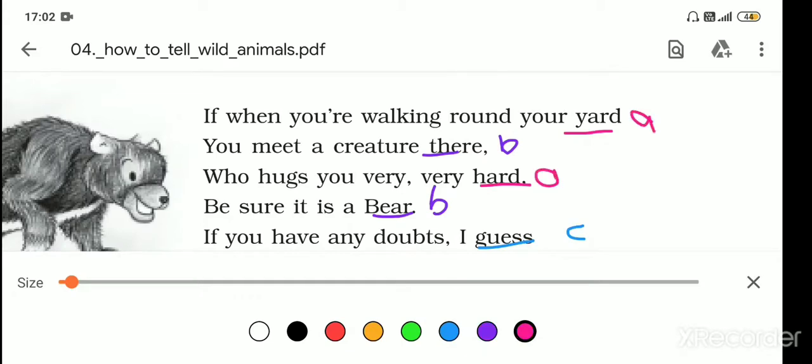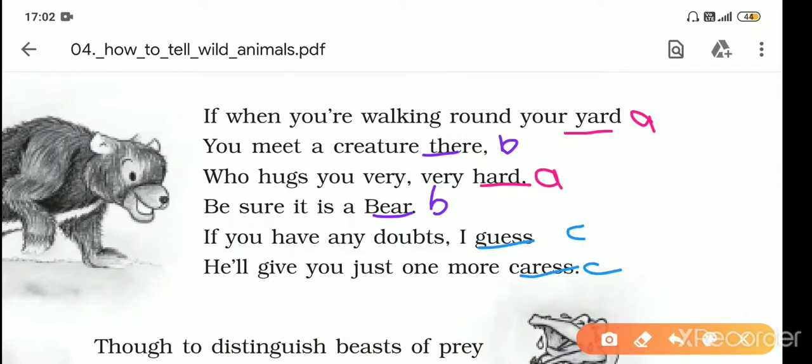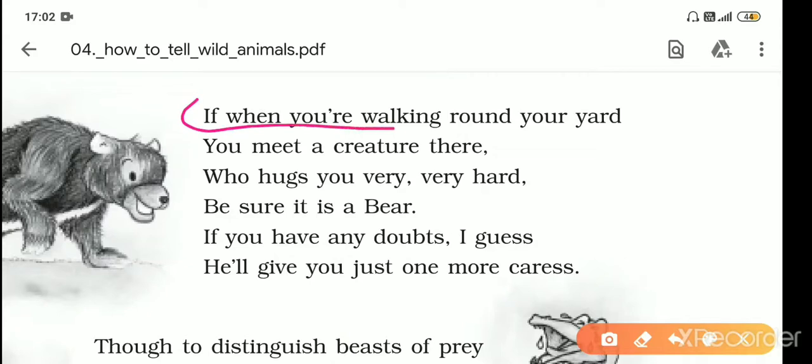Now let's see the literary devices: rhyme scheme A B C C, and enjambment, that is continuation of a sentence to the next line. So here, if you were walking round your yard, you meet a creature there. So a continuation of the sentence to the next line.